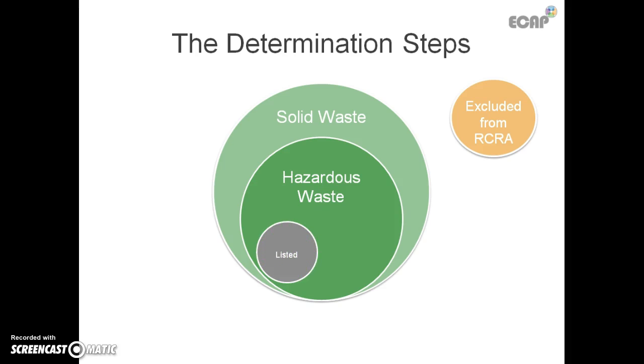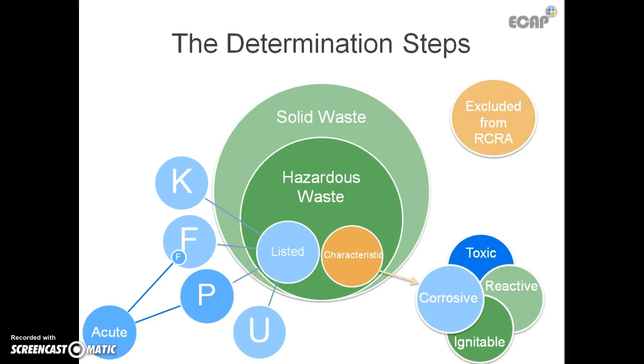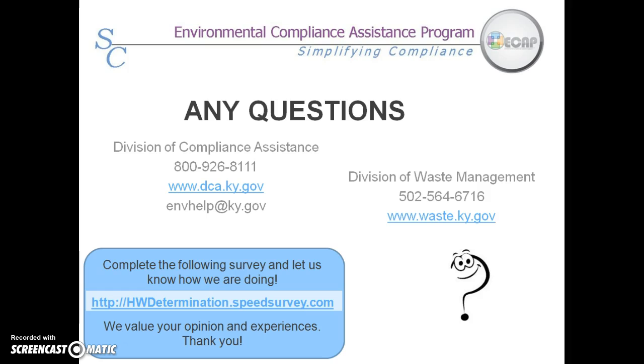Remember, there are 4 lists: F, K, P, and U, and if it's considered a P and some of the Fs, it might be acute hazardous. If it isn't a listed waste, then does it exhibit a characteristic of hazardous waste? The waste is considered hazardous if it has one or more of the 4 characteristics: toxic, reactive, ignitable, and corrosive.